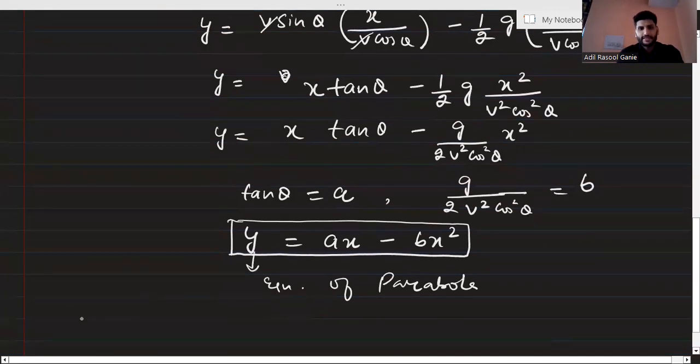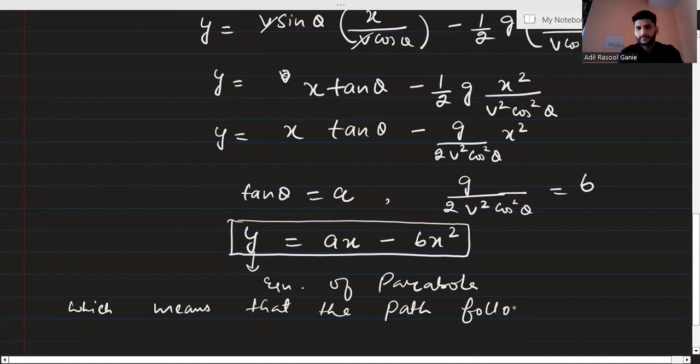Which means that the path followed by the projectile is parabolic.